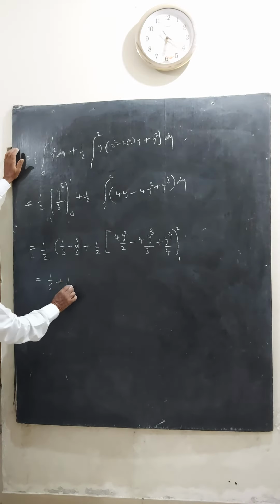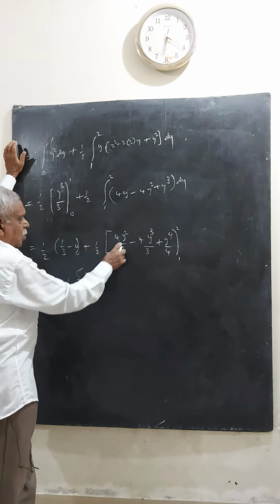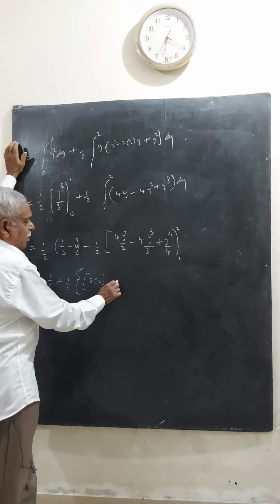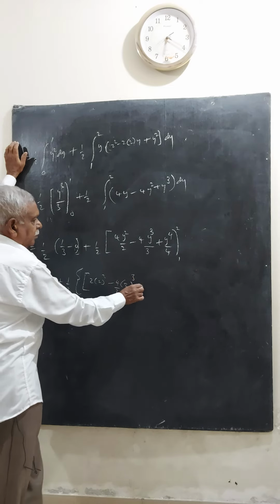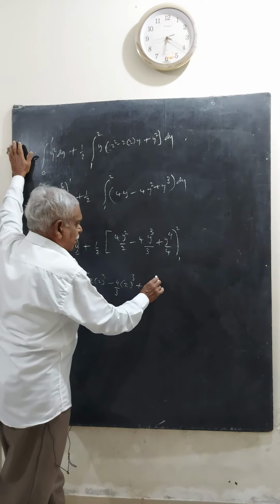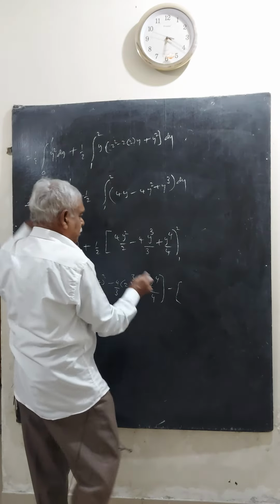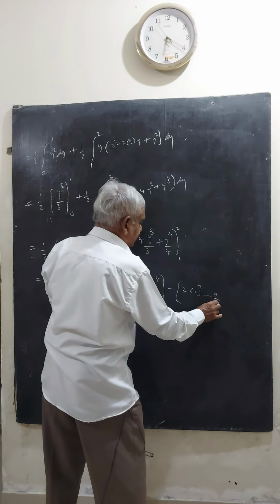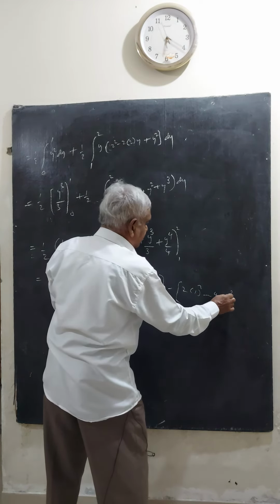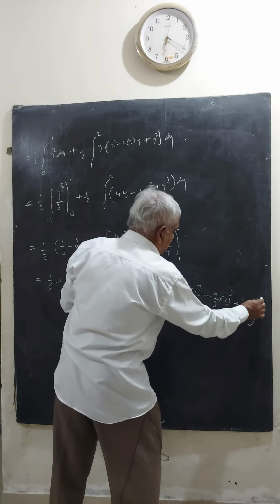That gives 1 by 6 plus 1 by 2, the upper limit: 4 by 2, 2 square, minus 4 by 3, 2 cubed, plus 2 power 4 by 4, minus the lower limit 1: 4 by 2, 1 square, minus 4 by 3, 1 cubed, plus 1 power 4 by 4. Close the bracket.